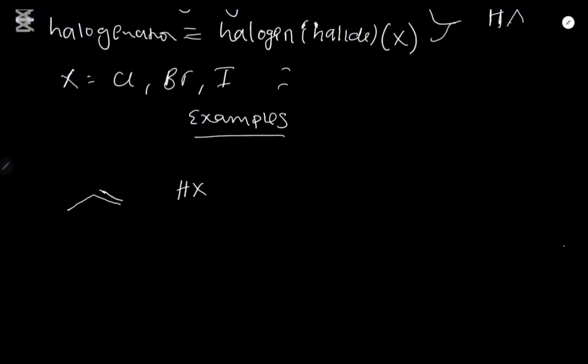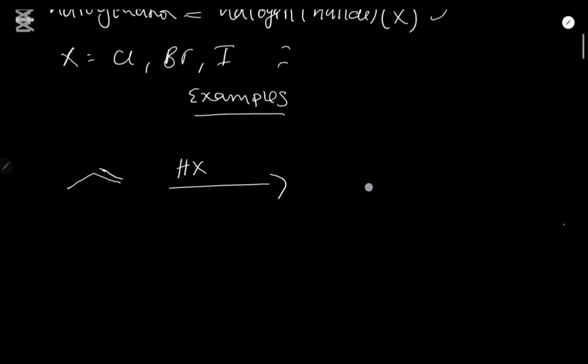X we know can be chlorine, bromine, or iodine. So what will be our answer here? Let us first put this HX like this. Here this X has some lone pairs, resulting in a partial negative, and hydrogen has no lone pairs, giving us a partial positive.